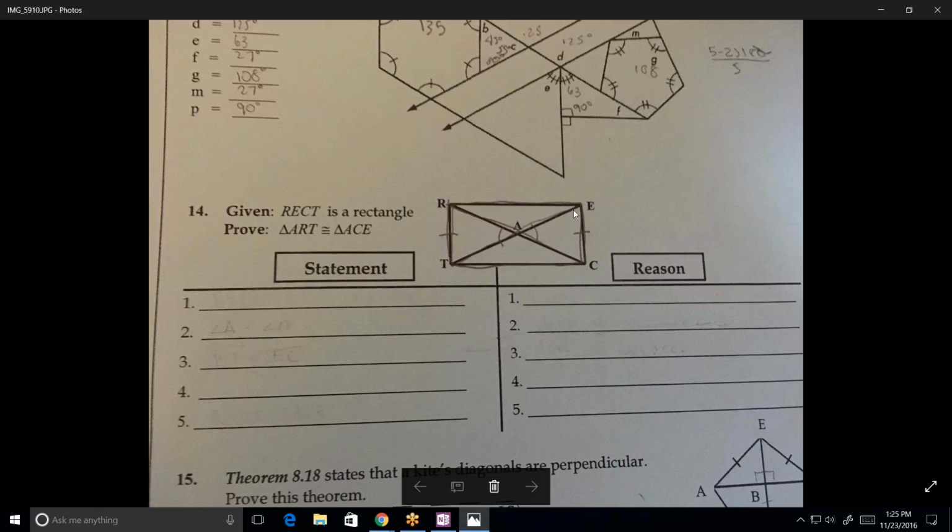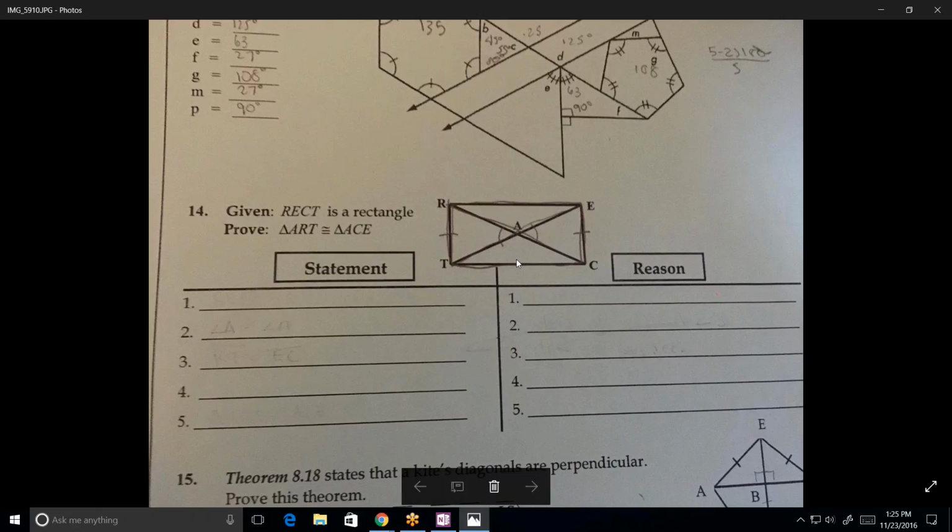However, what about these two sides here, TA and AE, and also RA and AC? If you could prove that those were congruent, there you'd have it, based on side, angle, side. And you wouldn't even need to consider these opposite sides here.